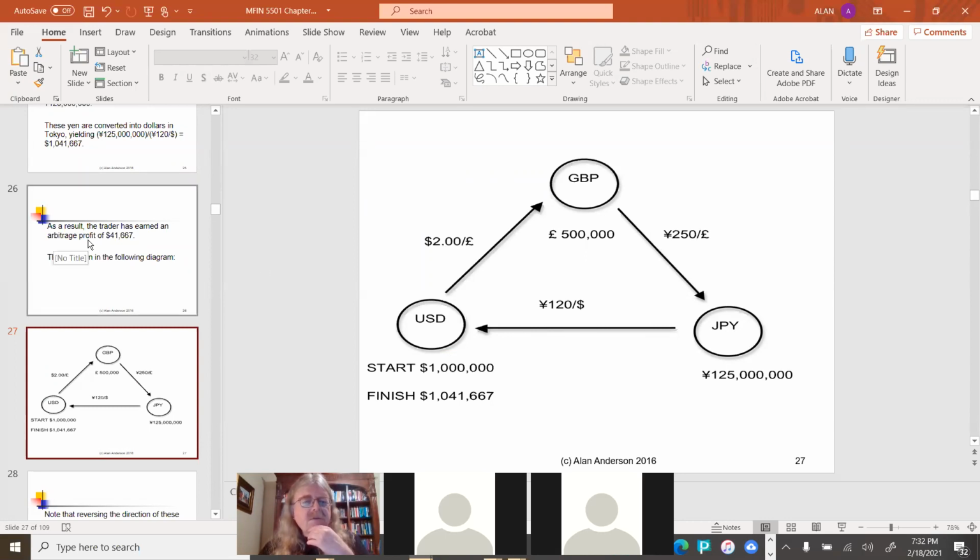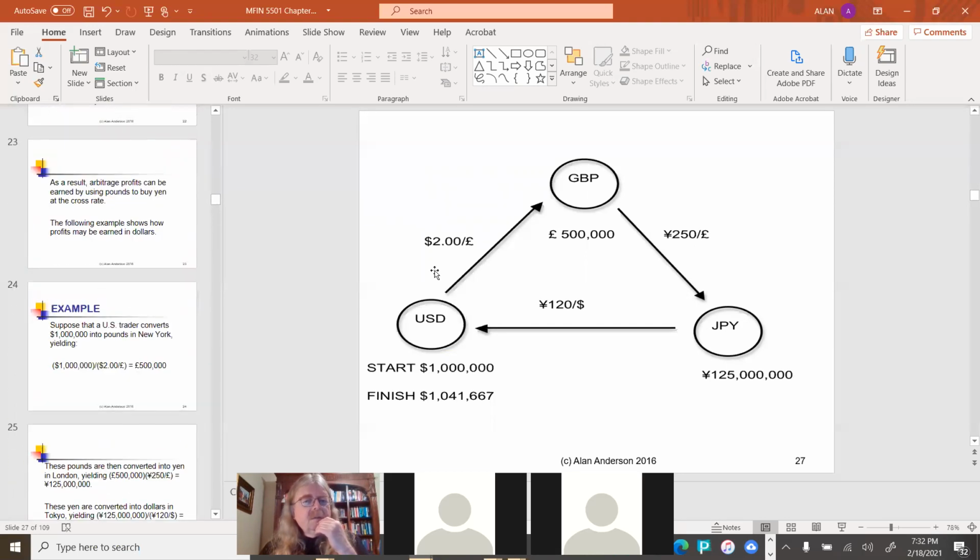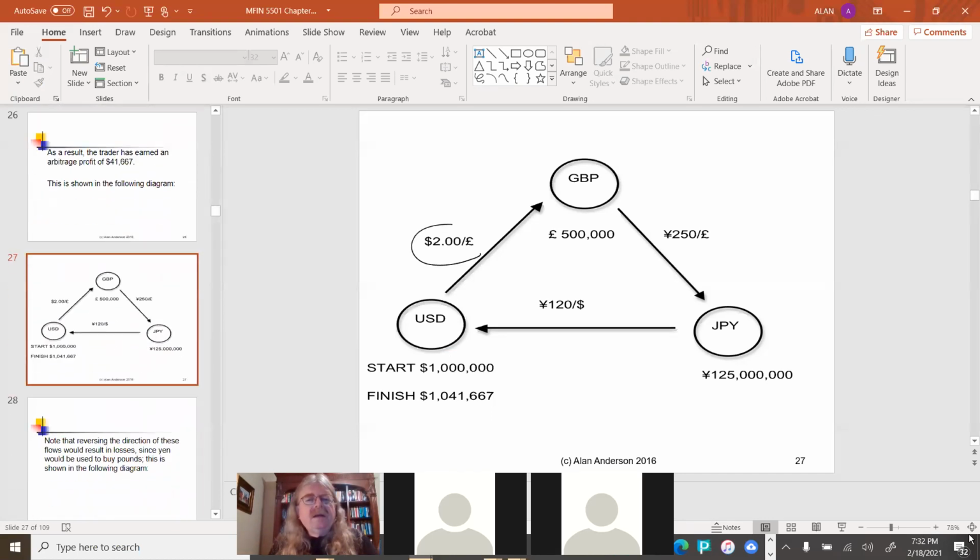We're going to assume that we start with a fixed amount of dollars, and we're going to work our way around the triangle and see what we end up with. Now, remember that the dollar-pound exchange rate was quoted at $2 per pound. The cross exchange rate was 250 yen per pound. And finally, the yen-dollar exchange rate was quoted as 120 yen per dollar.